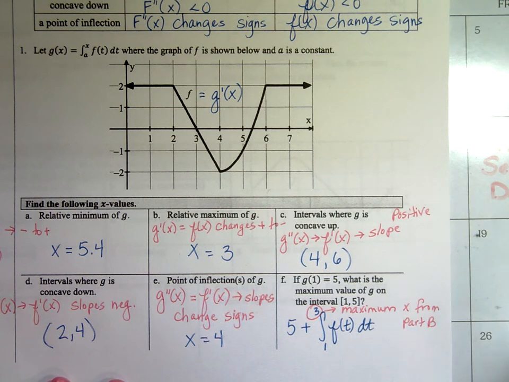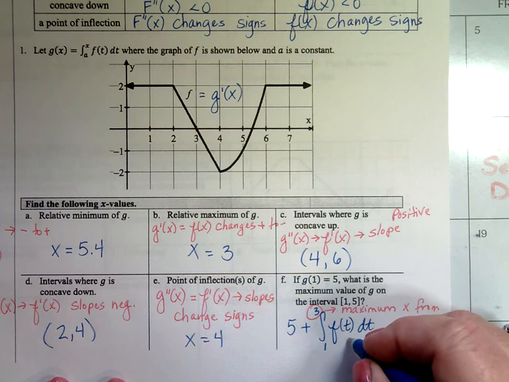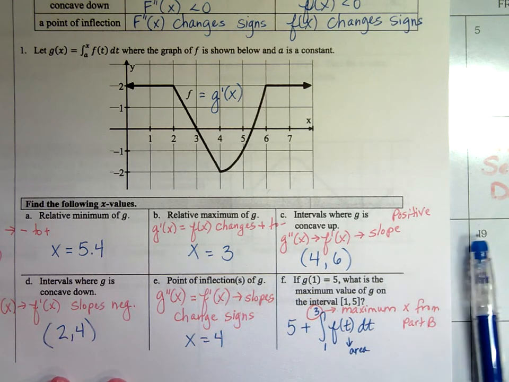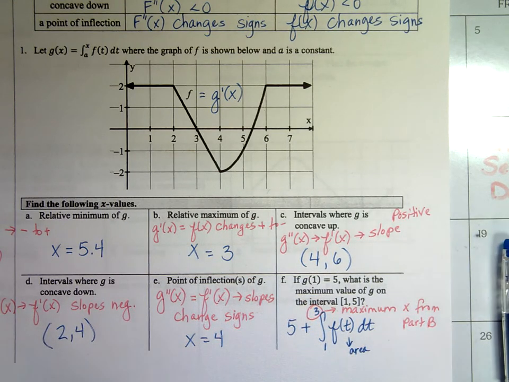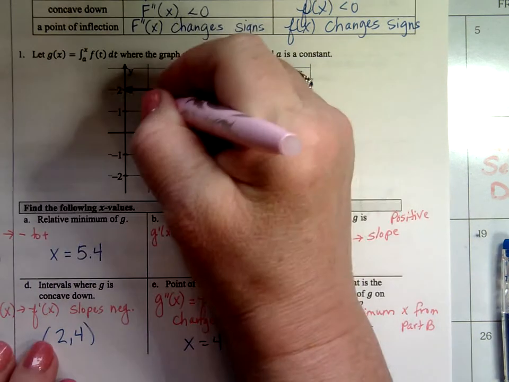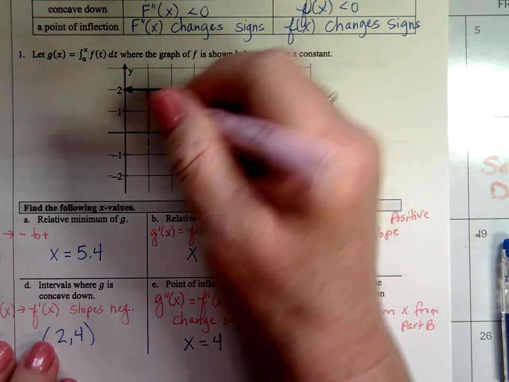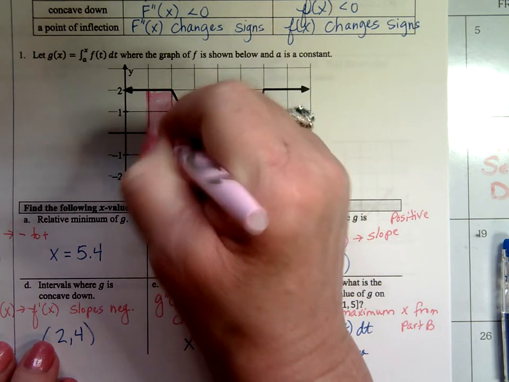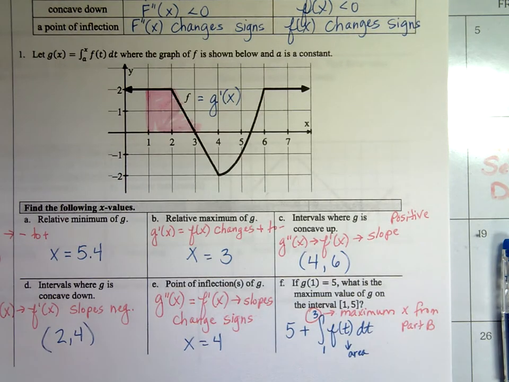And so I know integrals, how I evaluate them is by area. So what is the area from 1 to 3? Well, let's look at that. If I'm going from 1 and stopping at 3, then I'm looking at this area right in here. Can I count boxes?